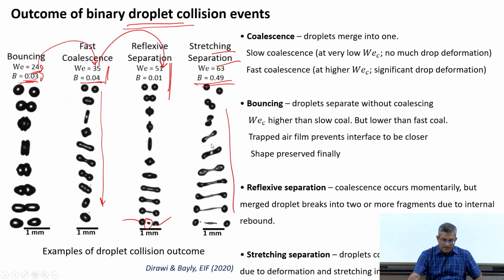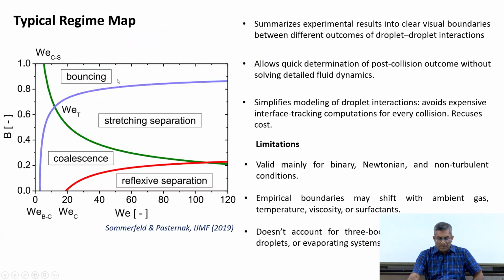For instance, modeling and simulating all these steps is quite challenging and also time consuming. It is not only challenging in terms of getting the right accuracy, but also time consuming. So, that is why these maps help.